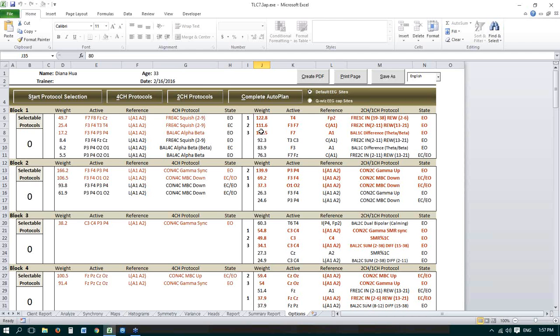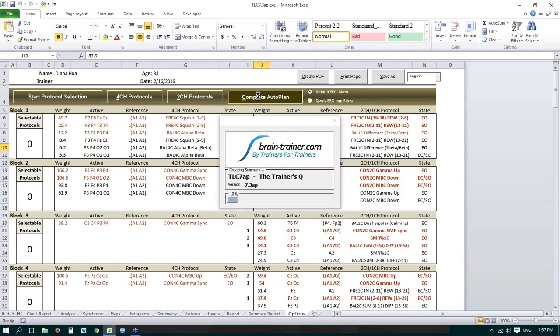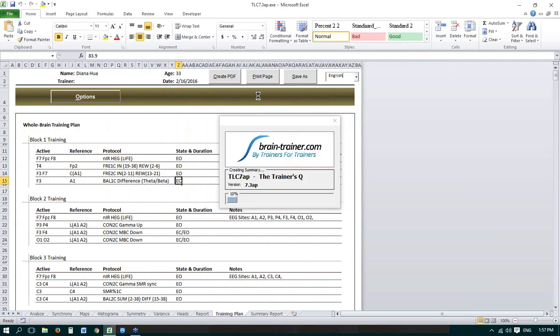But I could also say, no, I don't think that's a good one. I want to do this one instead. Or I can change things that are written in here as well. I could change which sites I want to use for my active sites or any of those kinds of things. When you finish, you just click on complete the training plan, and it will give you the plan showing you this information.